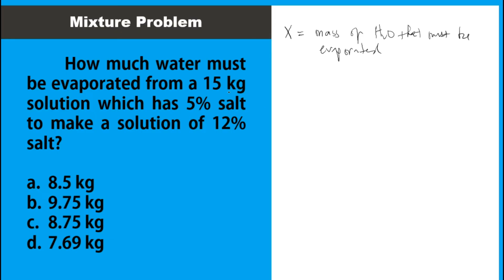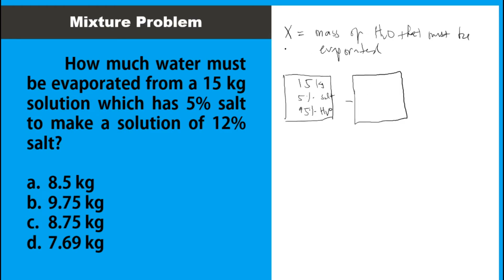We have a 15 kilogram salt solution that is 5% salt, and of course this is 95% water. How much water must be evaporated? This means that we need to subtract water from the 15 kilogram salt solution. So this is minus. But that mass is not given.